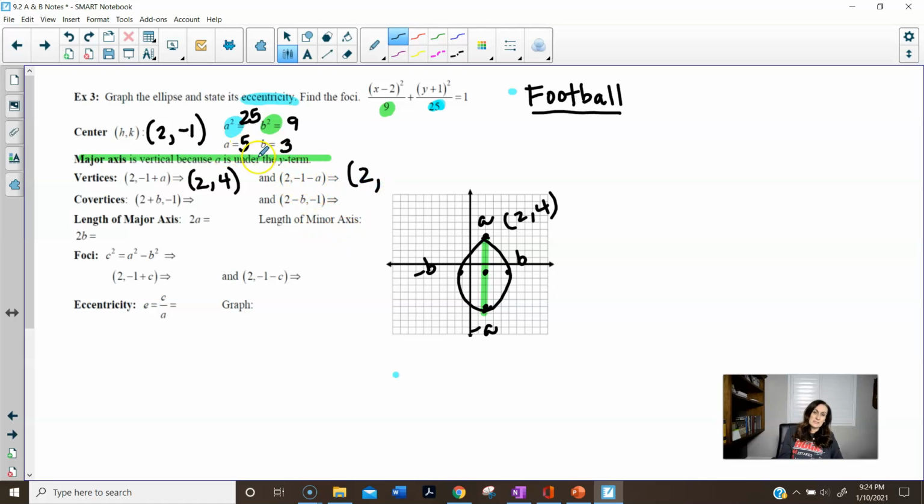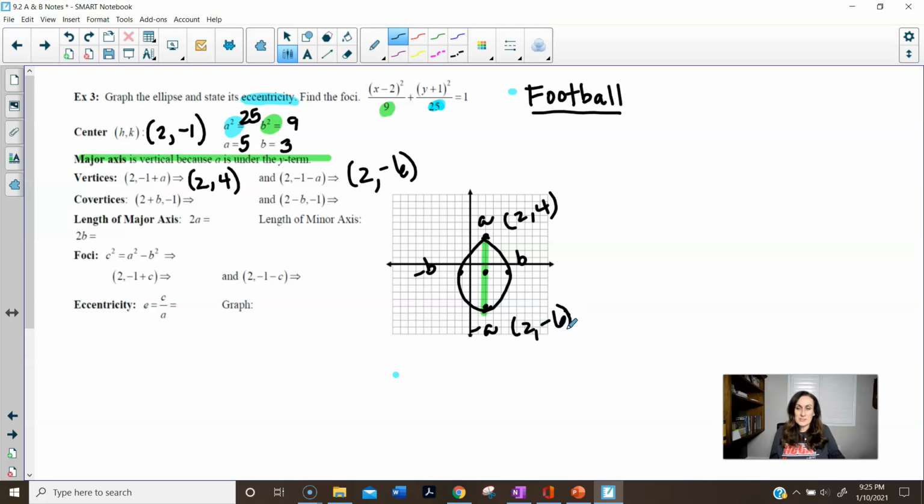So -1 subtract 5 is -4. So this point is right 2 and down 4. All right, so did I do that right? -1 subtract 5. I did not do that right. That's -6. Fix. All right, so that's right 2 and down 6.